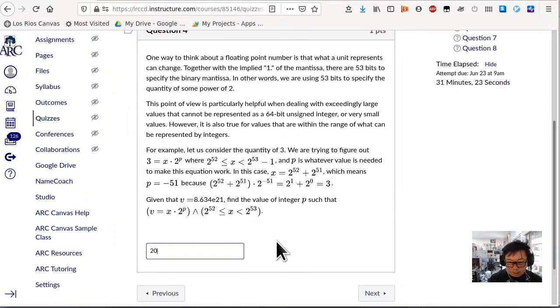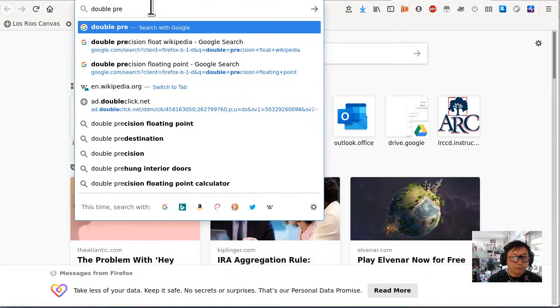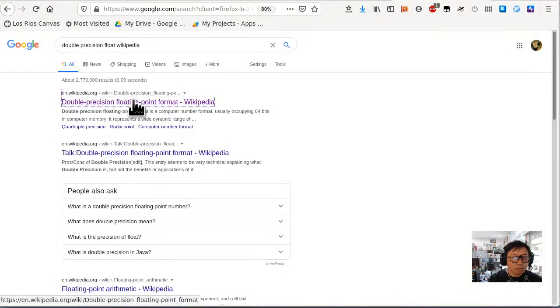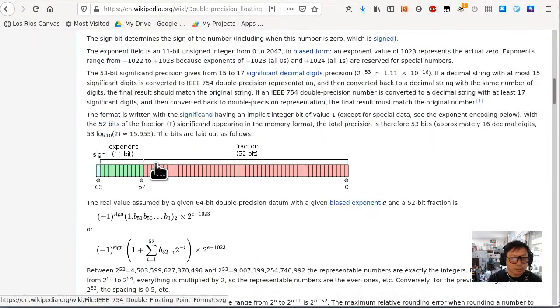No, that is not the case, because of the 52 bits. To answer that question, we can go to the Wikipedia page for double precision floating point numbers.